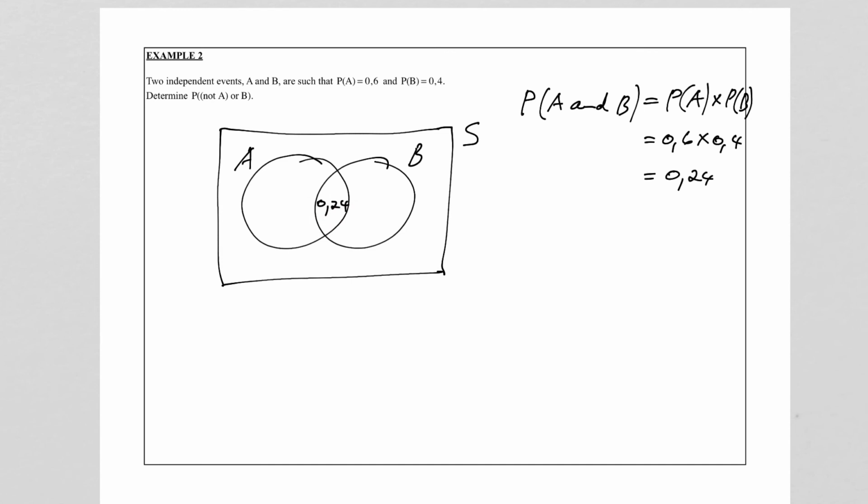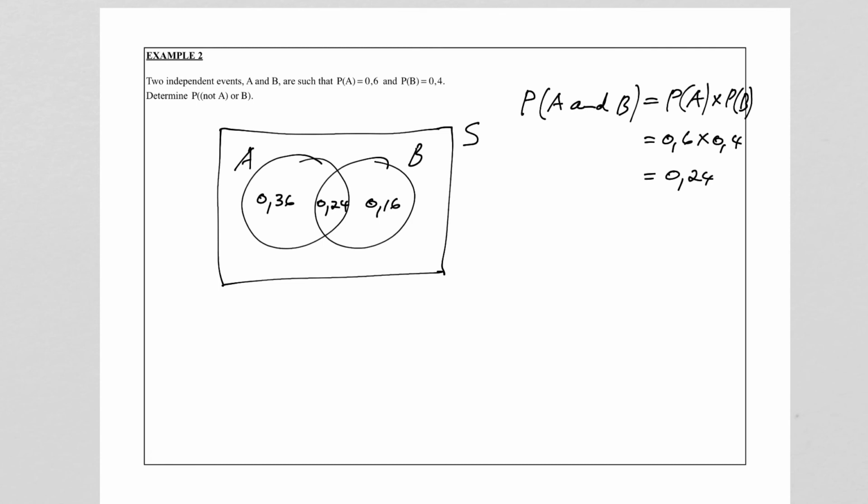So you agree that this part will be 0.36 because they add up to 0.6. To find this part of B, we look at the probability of B, which is 0.4. We have 0.24 already. So we say 0.4, subtract the 0.24, and that will leave us with 0.16.